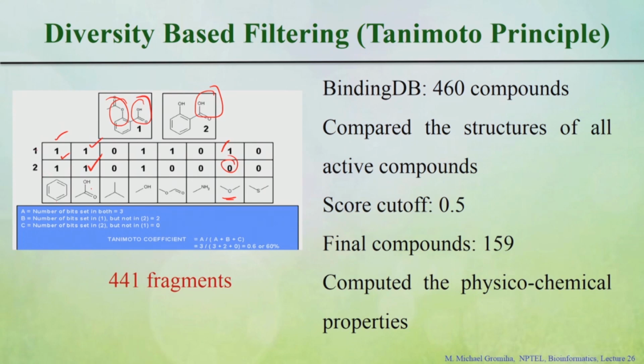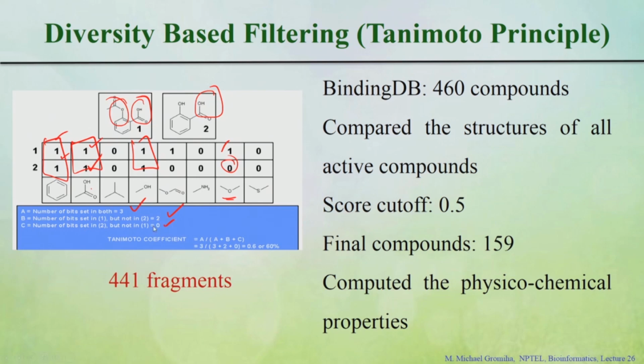Now, comparing these 1 and 2, A is the number of bits set in both, how many cases are available in both? 1, 2, 3, right, 3. B is the number of bits set in 1 but not in 2. How many cases are present only in 1 and not in 2? 2. C is the number of bits set only in 2 but not in 1? 0, right.